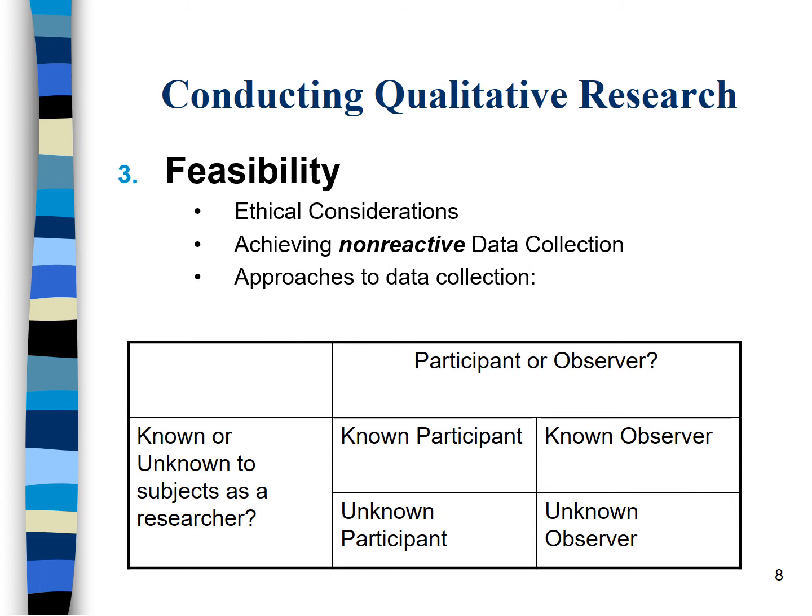And this goes into that reactive, non-reactive thing: do I want the people that I'm going to be observing to know that I am a researcher who is taking notes and watching their behavior? If that is my choice, then that is a known condition.